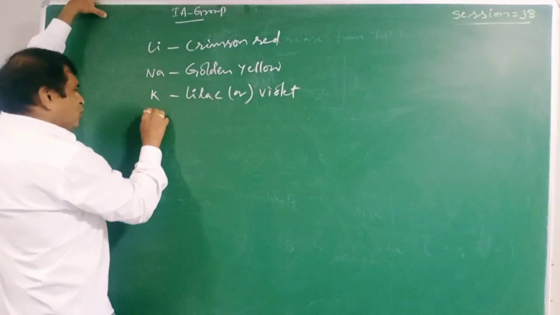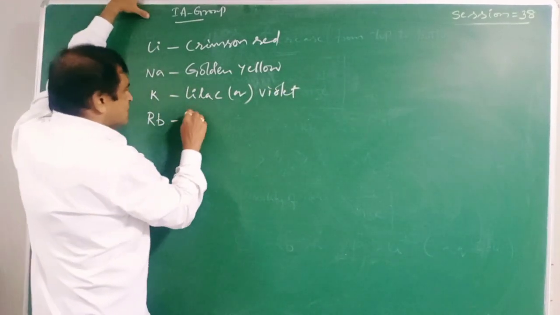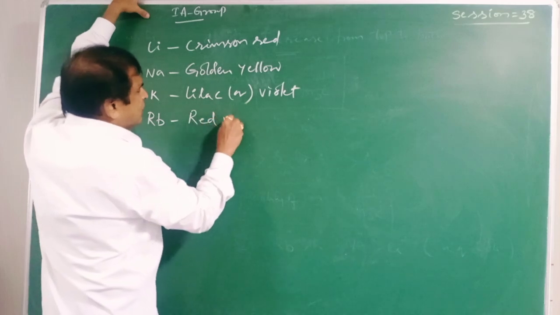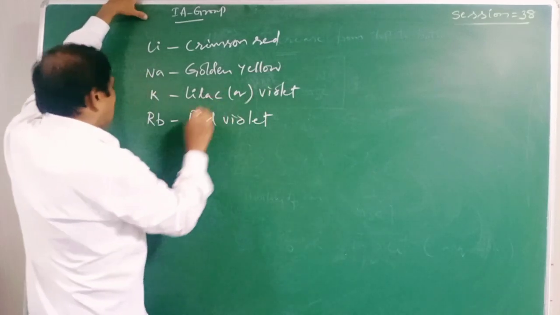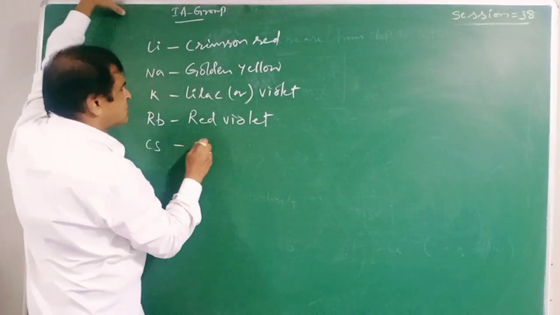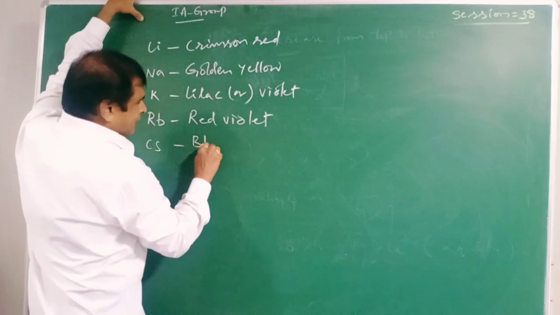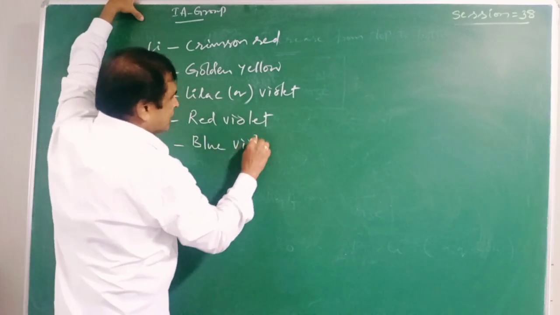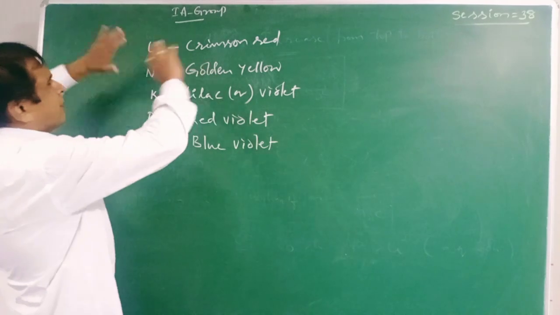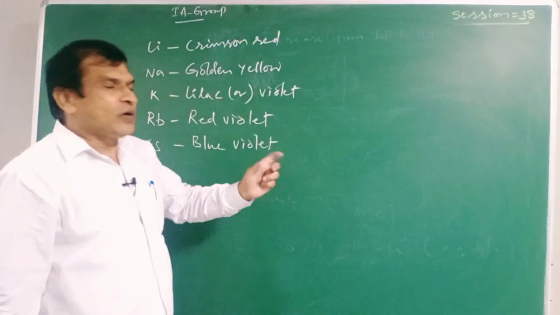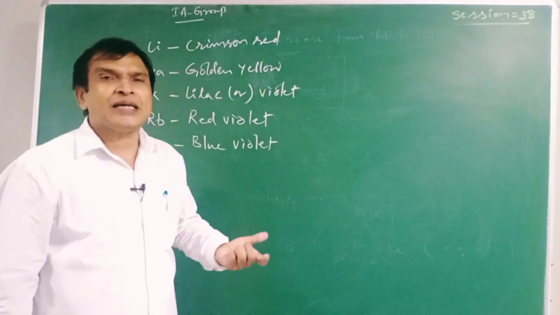Rubidium exhibits red violet color, and cesium exhibits blue violet color. This is the flame test of alkali metals.